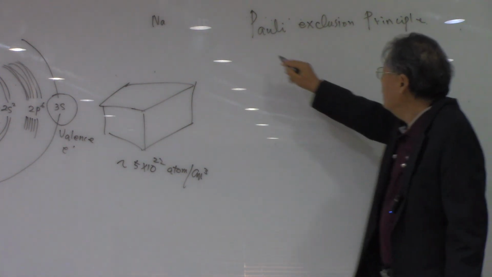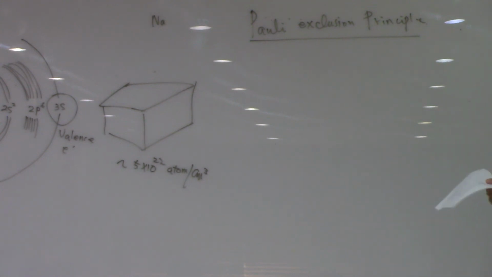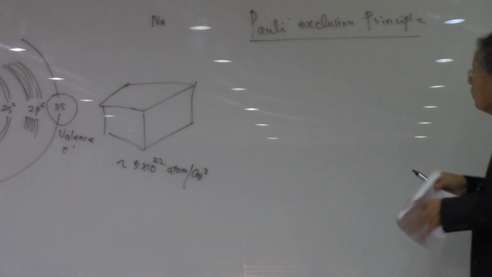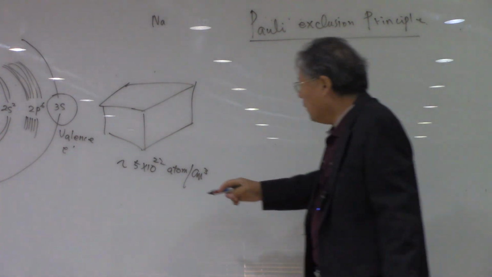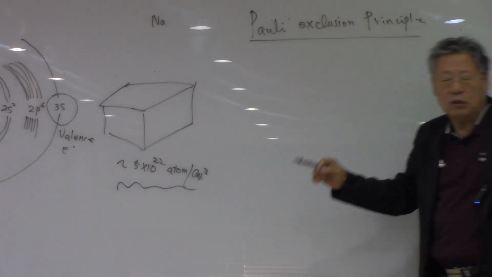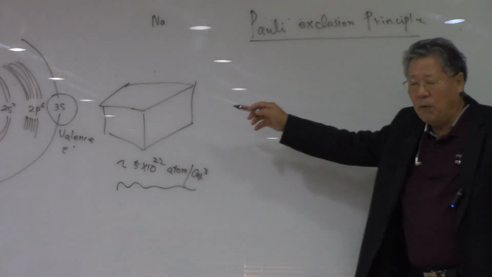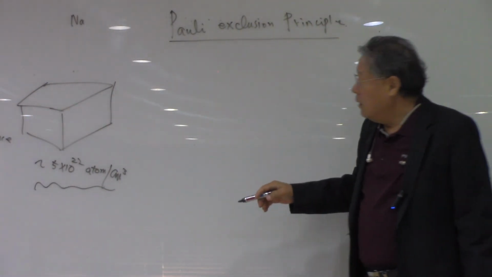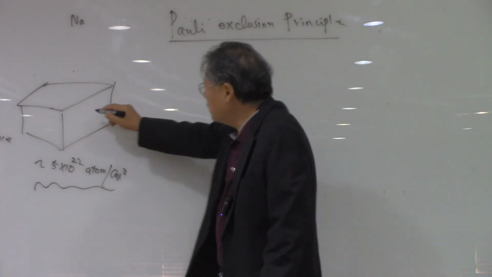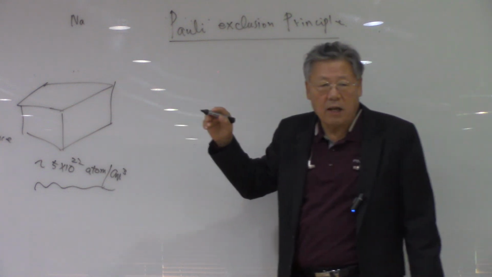That is called the Pauli exclusion principle. So according to the Pauli exclusion principle, what's going to happen if you put 5 times 10 to the 22 sodium atoms per cubic centimeter together to form a solid? Then in this solid, how many valence electrons are we going to have?